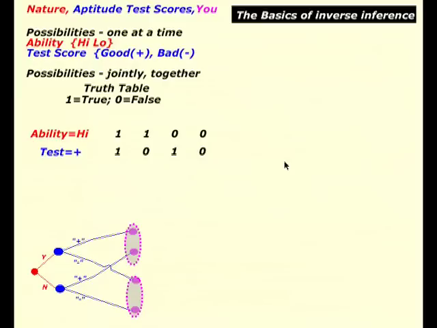And then you're uncertain as well about the relationship between the ability and the test score. Okay, so there's kind of the whole basket of uncertainty once you open it up to say, well, not only do I not know their ability, I don't know what their test scores are going to be like, and then what's the relationship between test scores and ability? I mean, if I knew their test scores, would I know anything about their ability? Or if I knew something about their ability, would I know anything about their test scores?